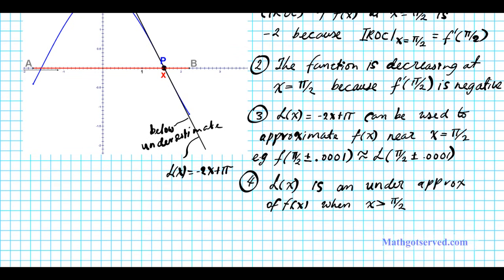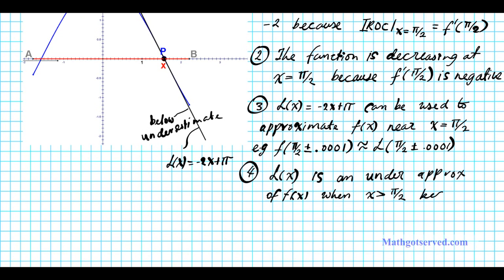All right, x is greater than pi over 2. Why? Because the tangent line is below the function.